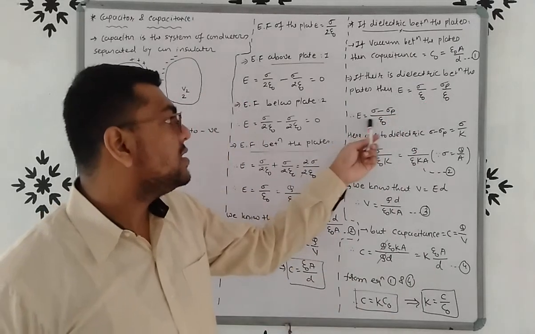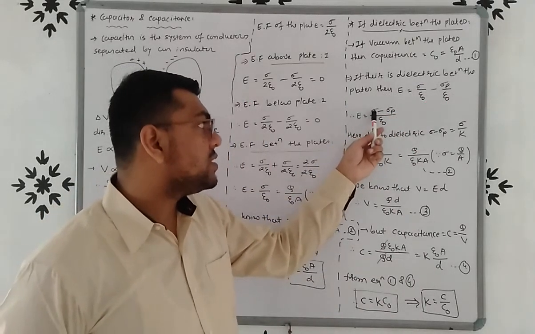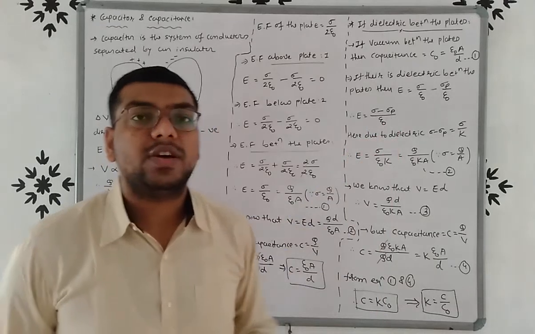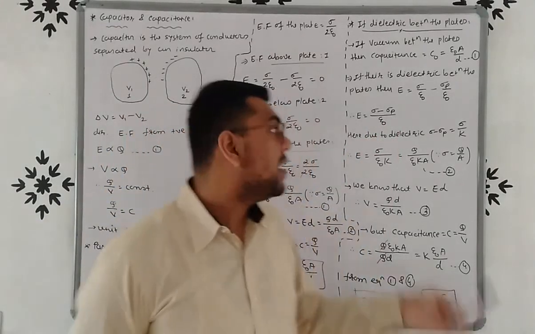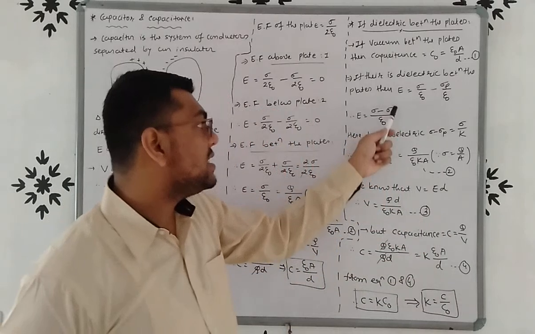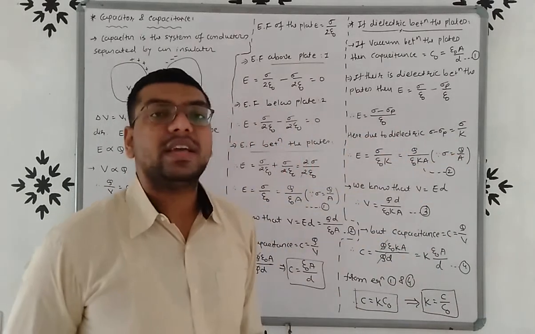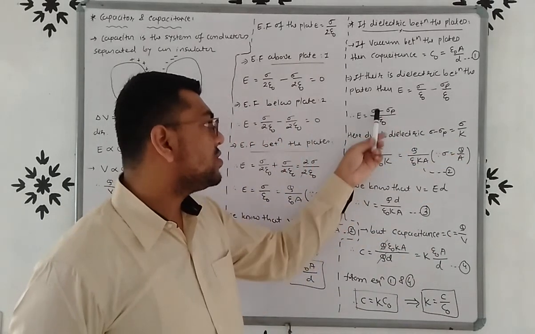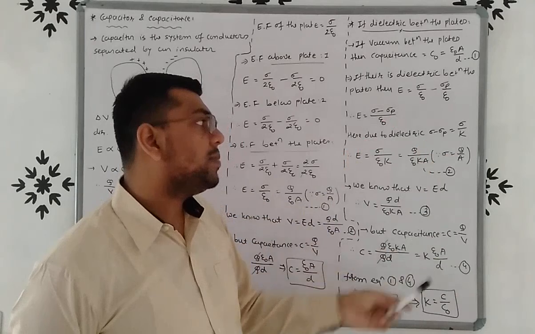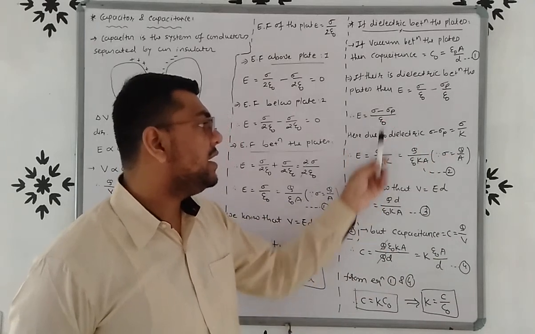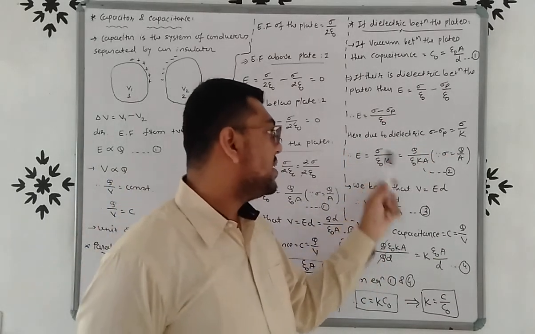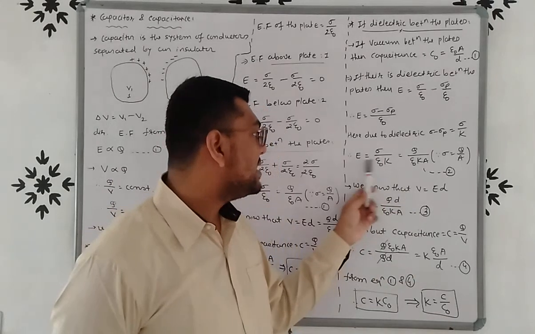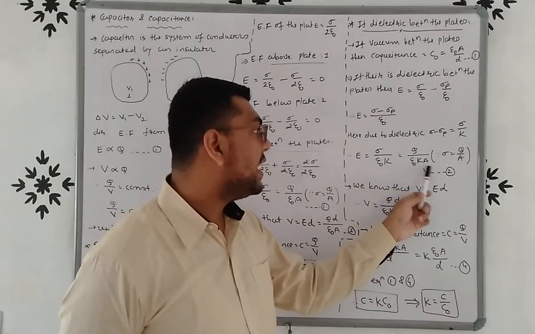Taking epsilon 0 as the LCM, E is equal to sigma minus sigma p upon epsilon 0. But when a dielectric is there, you have to remember friends, sigma minus sigma p is equal to sigma by K. So E is equal to sigma by epsilon 0 K. Now we know that sigma is equal to Q by A, so E is equal to Q by epsilon 0 K A.